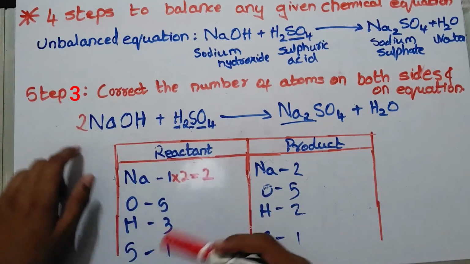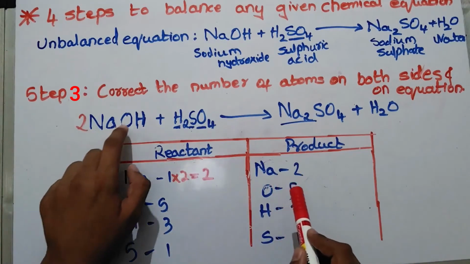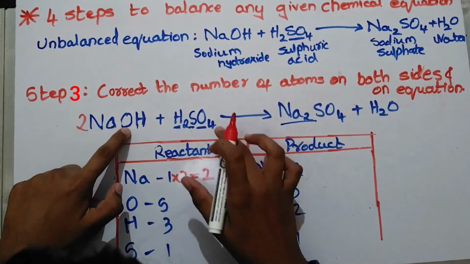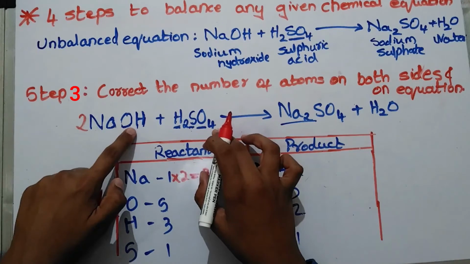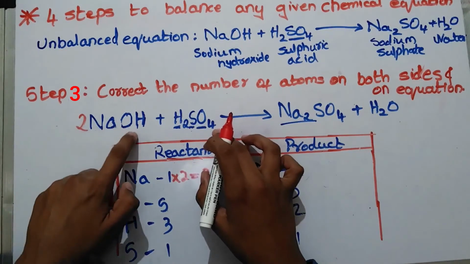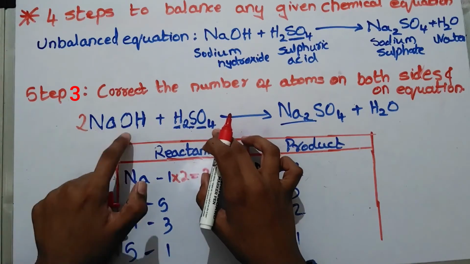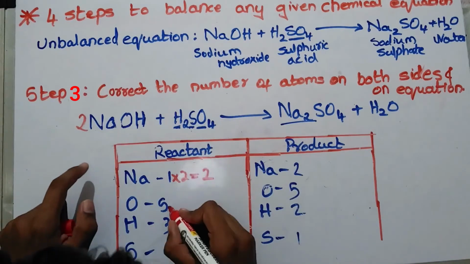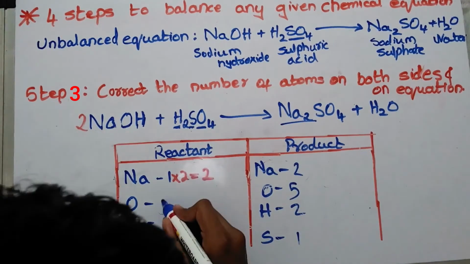So if you carefully see, Na, that is sodium, is balanced, but this also makes changes in O and H. O here is 5, but if we consider 2 for oxygen also, then 2 atoms of O and 4 atoms of oxygen will make it not 5, it will make it 6.